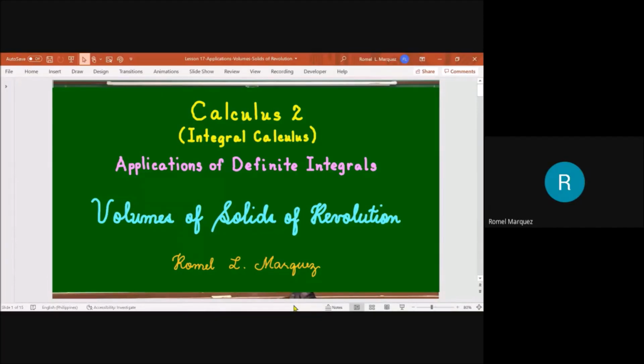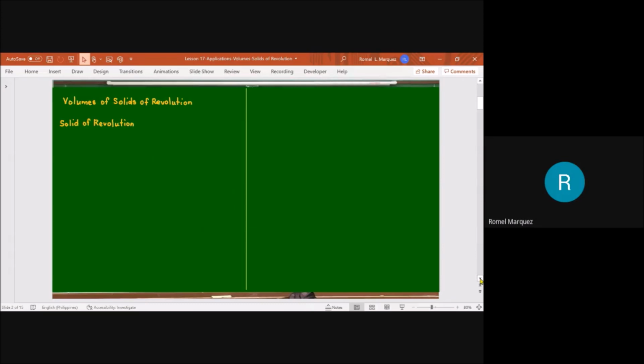Good day, guys. I'm going to discuss with you another application of definite integrals, and this is about volumes of solids of revolution by integration. So, volumes of solids of revolution by integration.